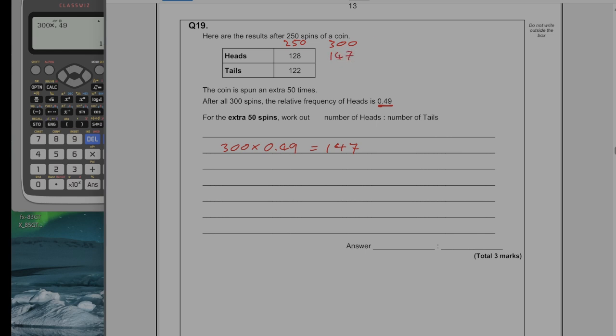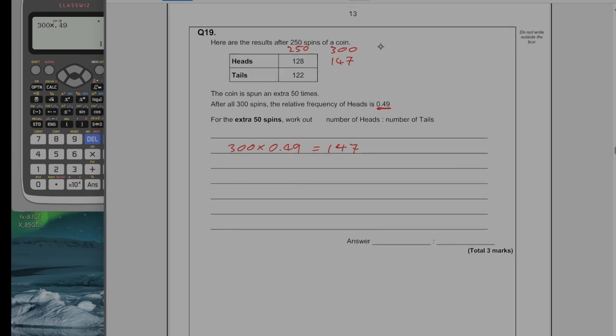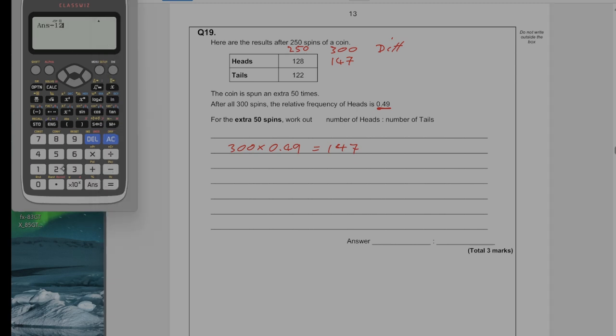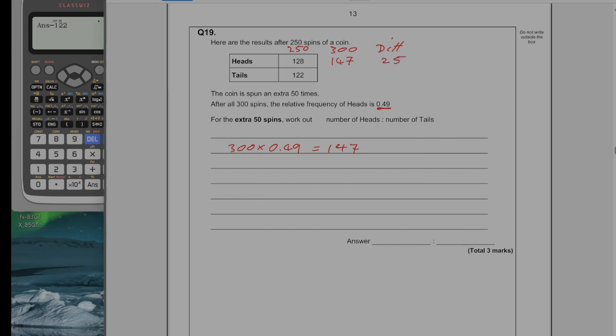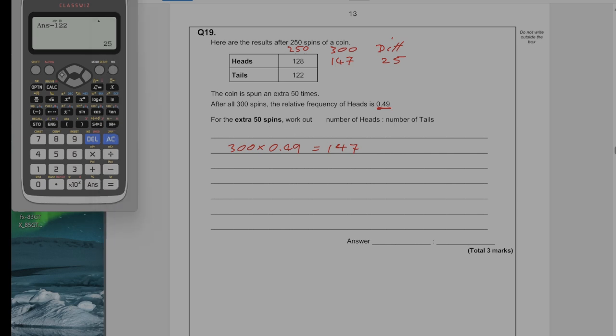So the difference then is 147 minus 122. So we've got 25 extra. So for the extra 50 spins, that's definitely right. So apologies, I made a minor mistake there.